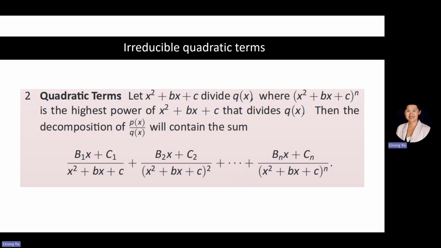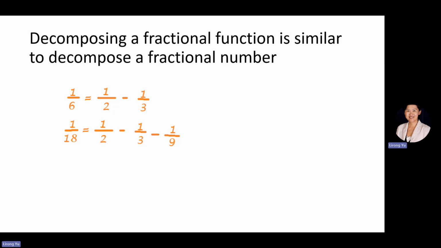All right, so those are just the ideas, and let's look at a couple of common examples. Number one, decomposing a fractional function is similar to decomposing fractions. Here, putting a couple of examples. For example, 1/6: the factors of 6 are 2 and 3, so you can write this as 1/2 minus 1/3.